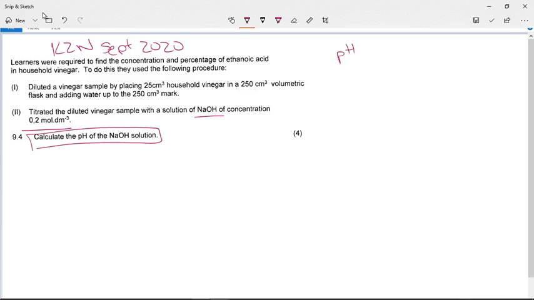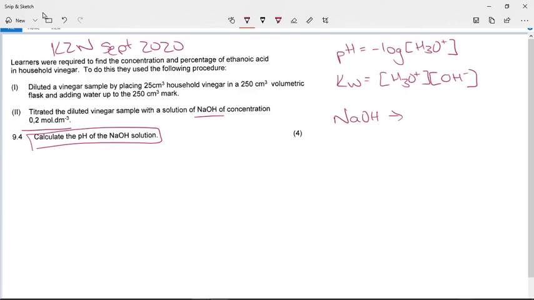So we know pH equals minus log the hydronium ion concentration, but we have a base here, so we can't use this. We have to use the Kw before we can use the pH formula, because we are going to want to calculate the hydronium ion concentration. So the first thing to do is to check the dissociation reaction.